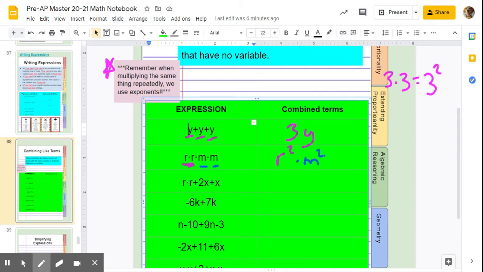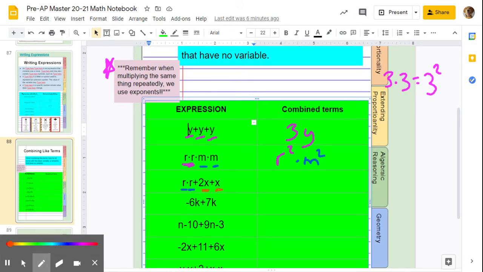So now we have a mixture on this next one. We have r's right here. And I'm going to use different colors so you guys can see the different things that we have. And then we have x's right here. We don't have any plain numbers in here, so we just have those two variables.